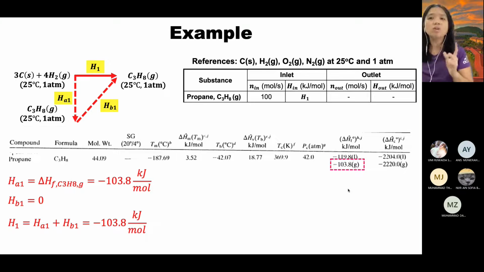If I want to use the heat of formation table B1, the condition is that the reference condition is already set at 25 Celsius 1 atm.